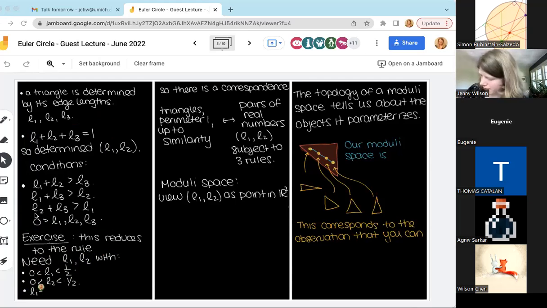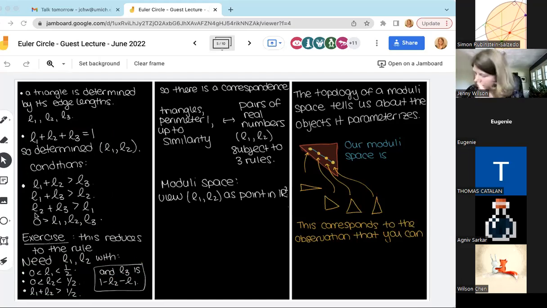And the sum L1 plus L2 has to be greater than 1/2. I claim that if you just do some algebra to combine the earlier list of conditions, you will come up with this list of conditions. And implicitly, the third length L3 is 1 minus L2 minus L1. Okay.